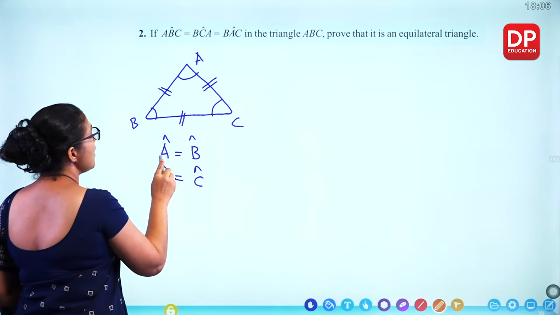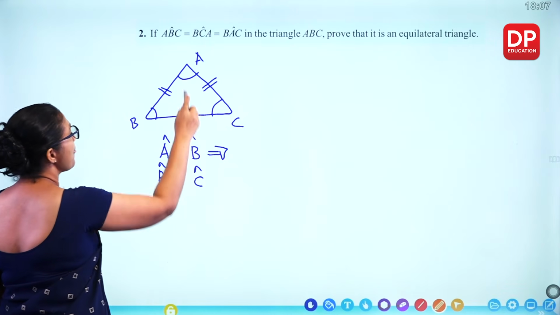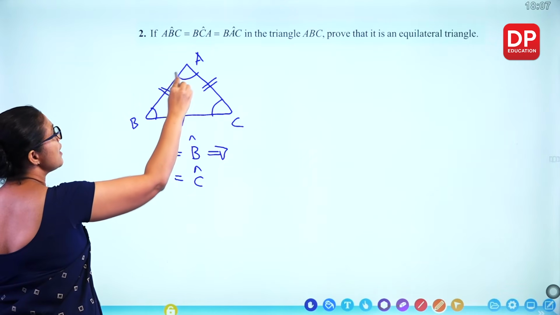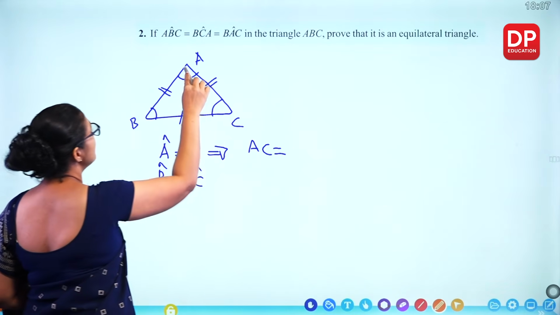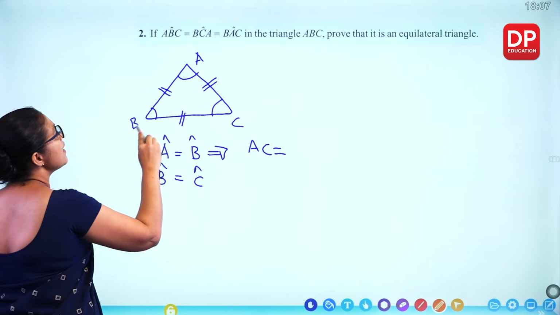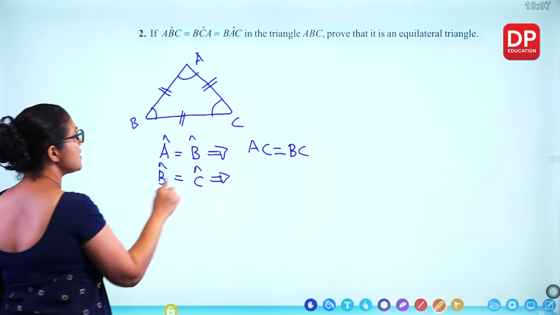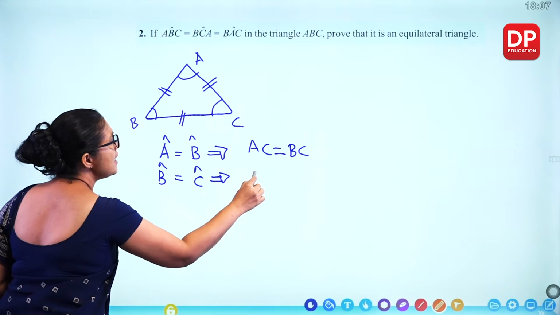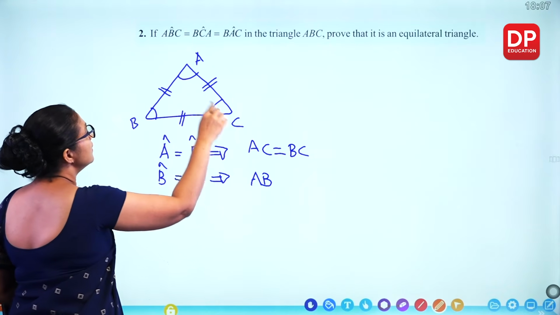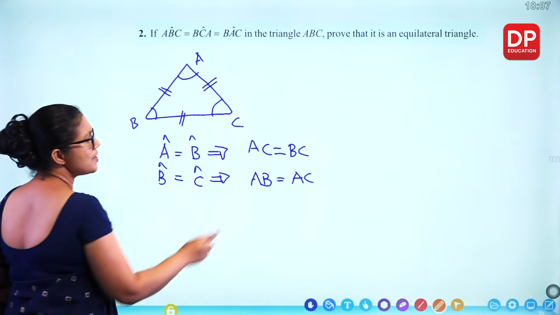If these two angles are equal, I can write AC equals BC. If these two angles, B and C, are equal, I can write AB equals AC. Now can you see?